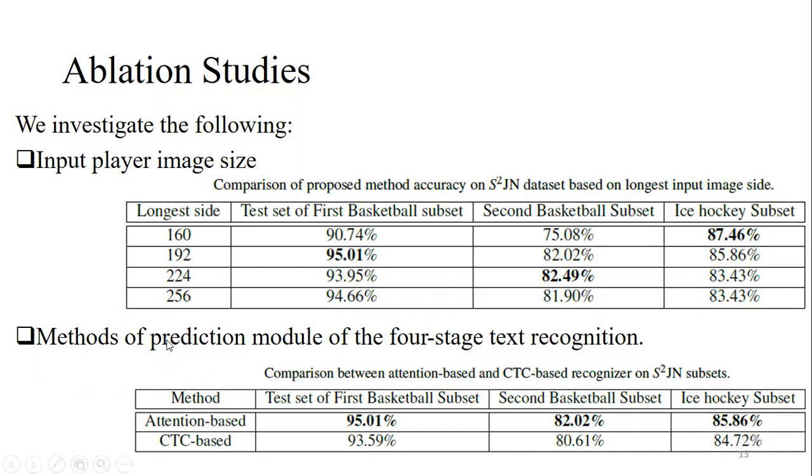The upper table shows the proposed accuracy on the sports jersey number dataset based on the longest input image size. From this table, we can notice that the longest image size, 192, achieved better performance on basketball, whereas in ice hockey, the better performance is gained by the longest image size, 106.